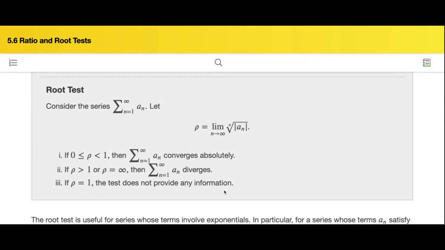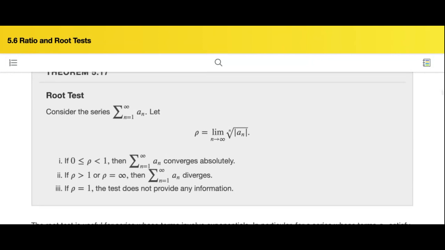I think that's why they put those two tests together, because the three conditions are exactly the same. The ratio test takes the ratio of the n plus 1 term with the nth term. The conclusion is the same: 1, 2, 3. The root test is we just take the nth root of the term.